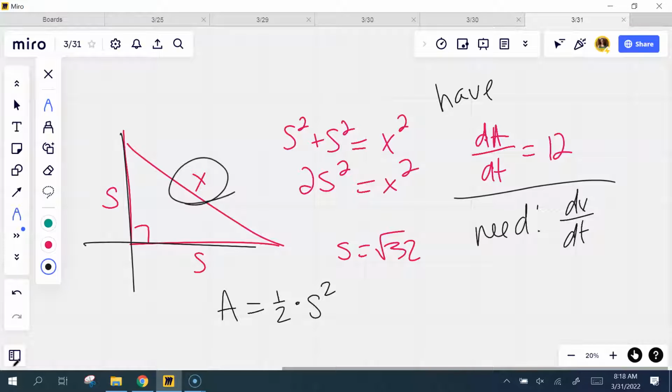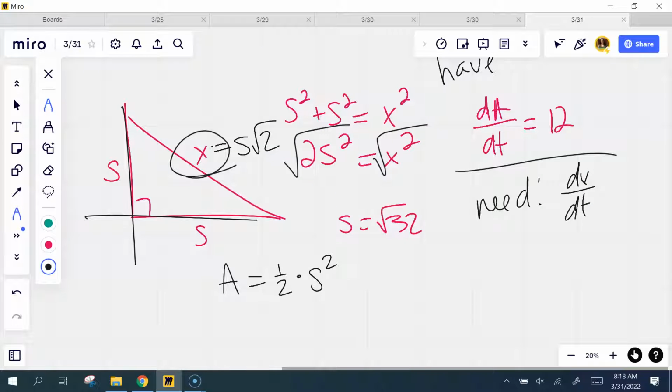This is the Pythagorean theorem. This is just saying that this side length is the square root. I'm going to write it like that. Okay, are y'all following me now? Okay.